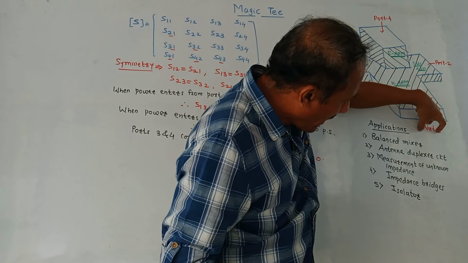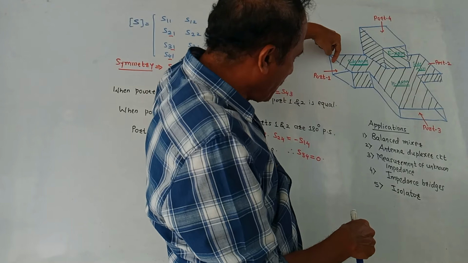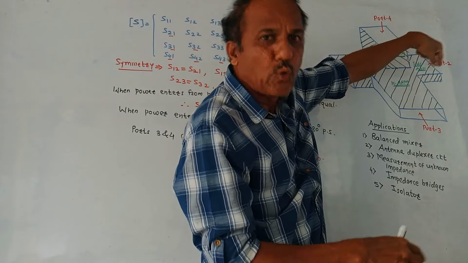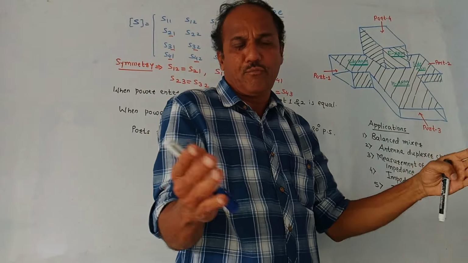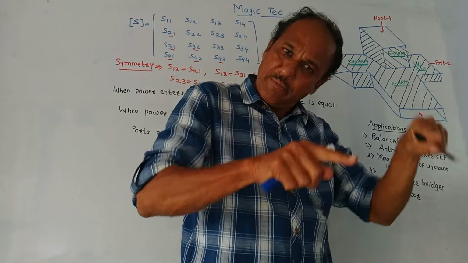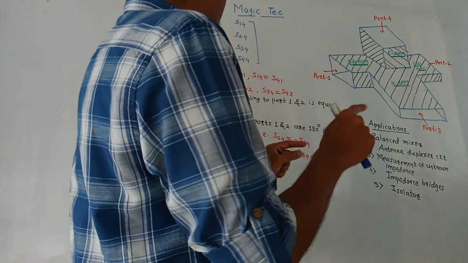So if you apply power to port 3, that is H arm, then you are getting output from both ports 1 and port 2, and both these output waveforms will not be out of phase, they will be in phase. That means we can say there will be 0 degree phase shift.